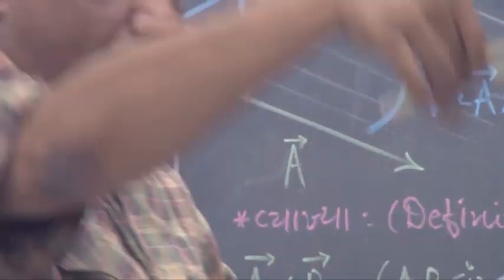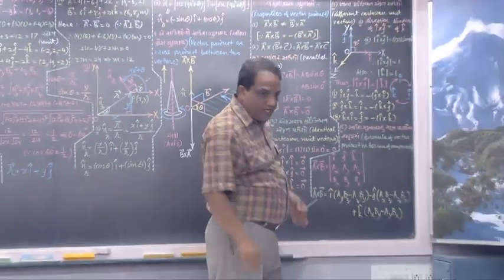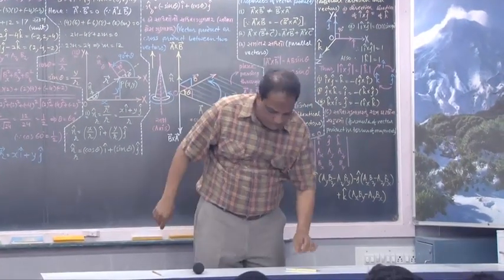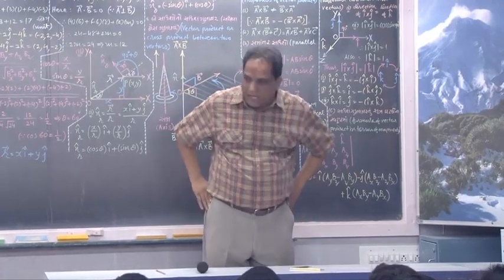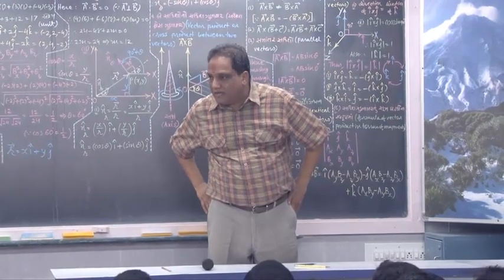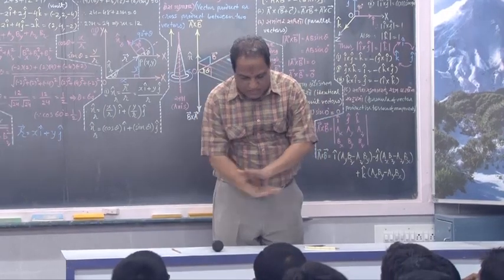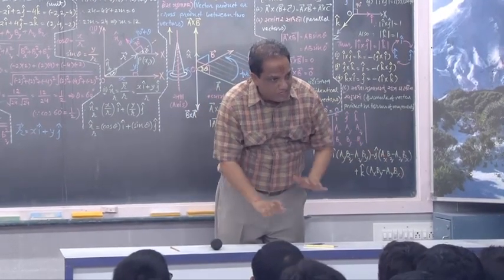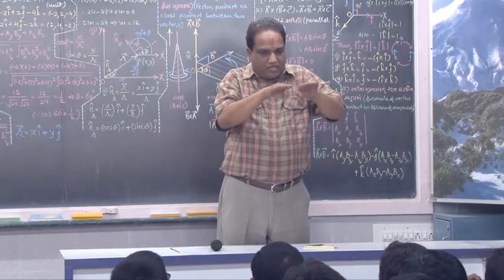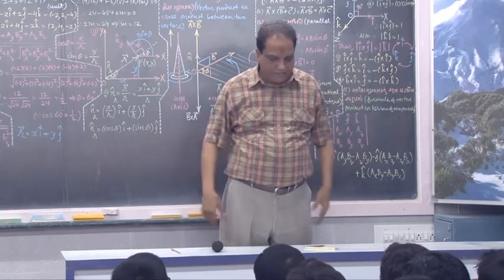Suppose vector A is here on this table, and vector B is also on the table. So a plane passing through these two vectors is nothing but the surface of this table, which is horizontal.